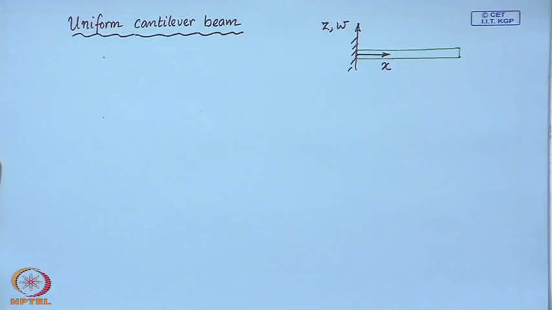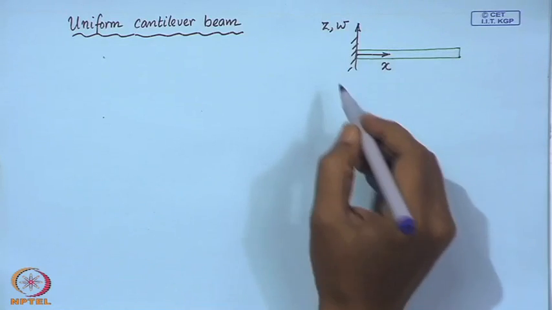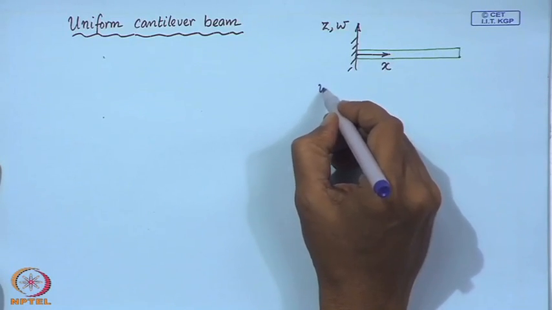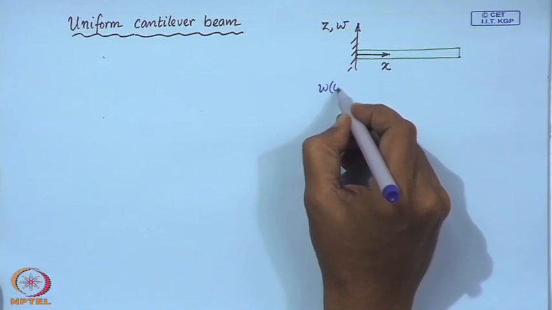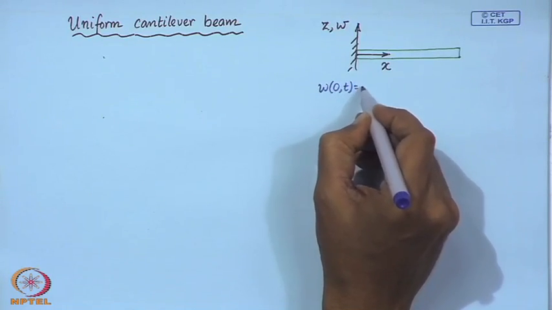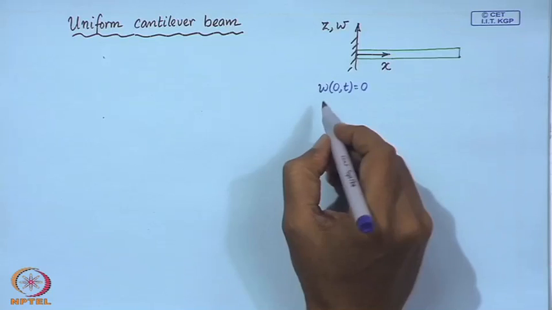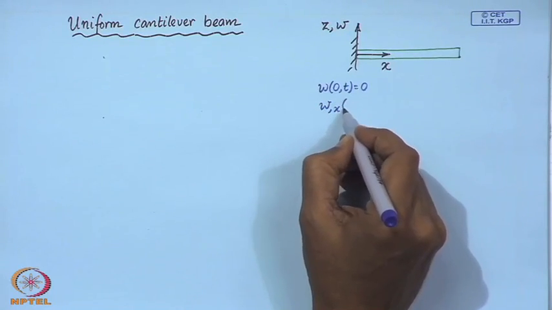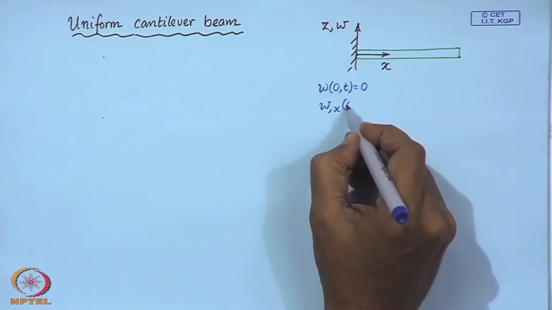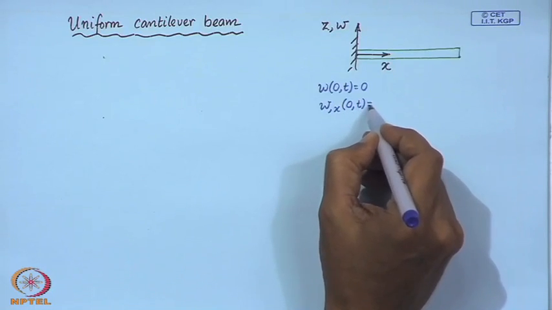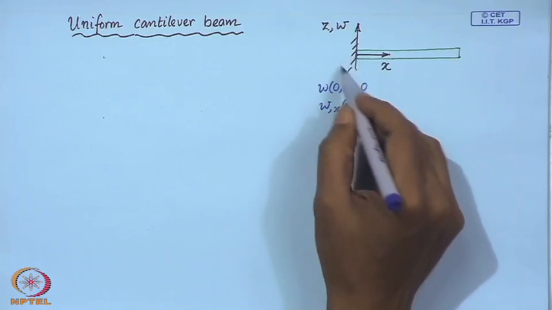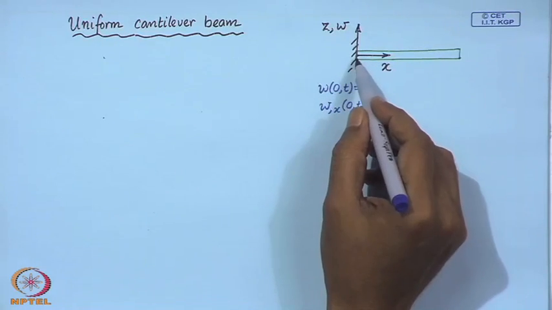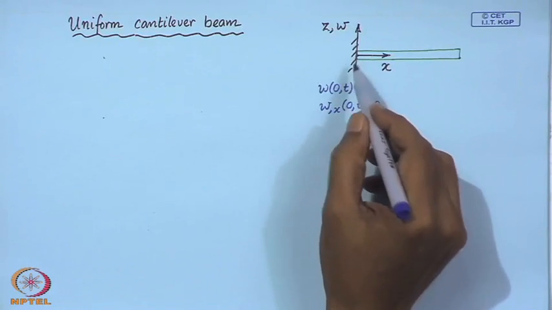Now, in this case the boundary conditions are given by, so on the built in end we have displacement 0 and the slope also 0.